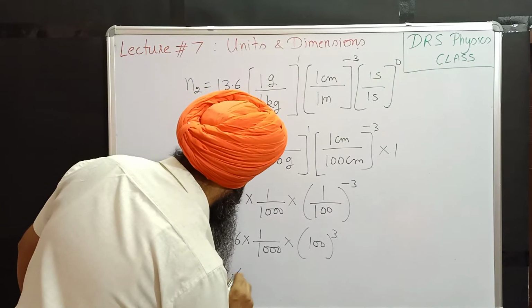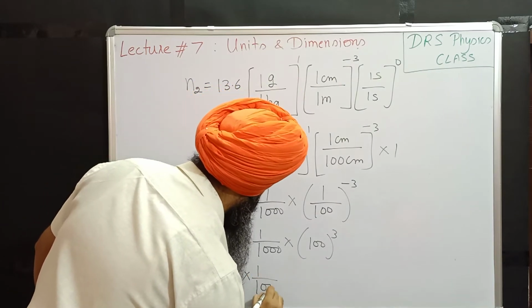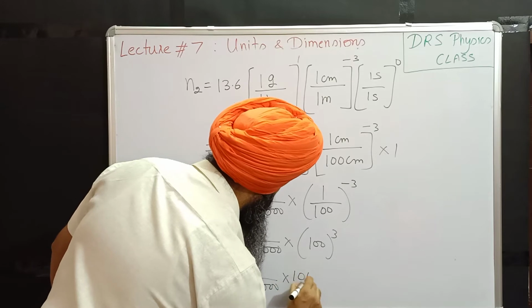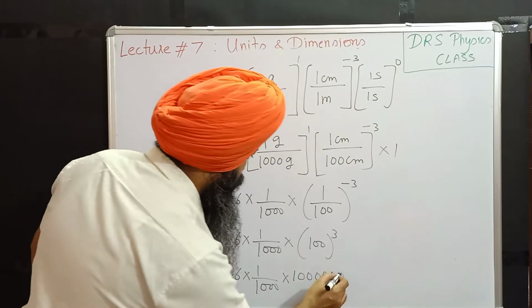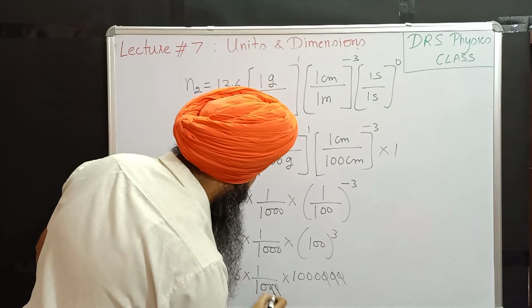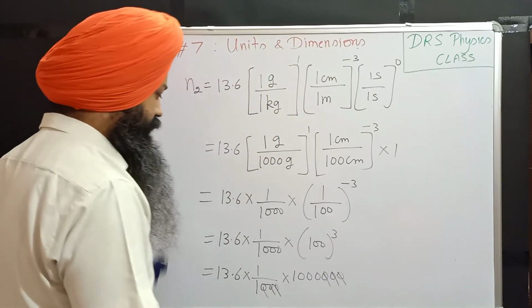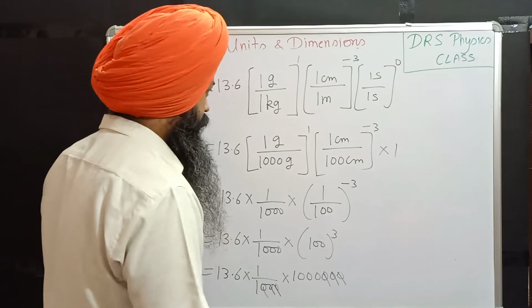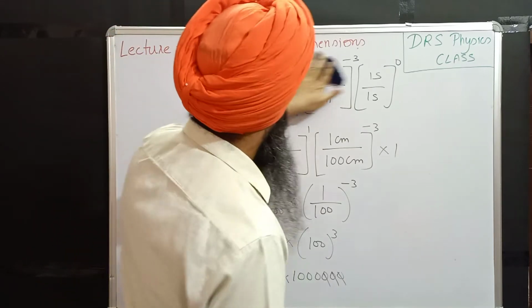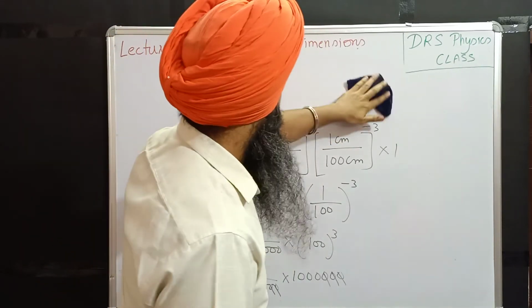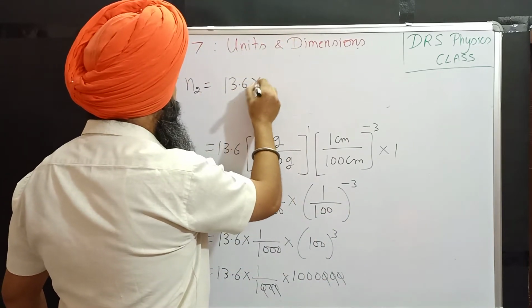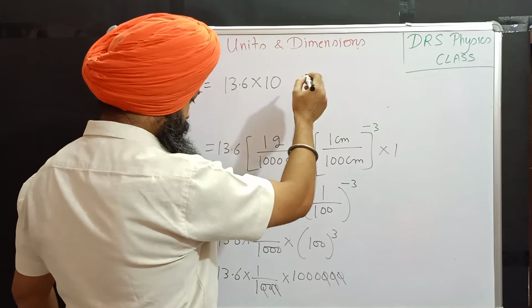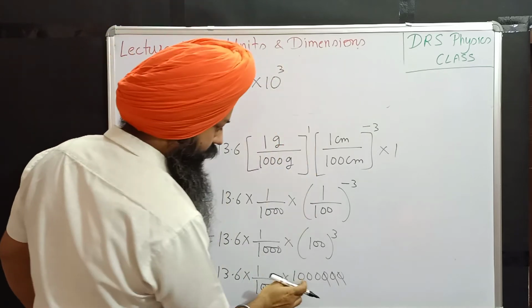So filling these values, 1, 2, 3, 4, 5, 6, 3 times. So these 3 would get cancelled and we get that N2 comes out to be 13.6 10 to the power 3. 1, 2 and 3.